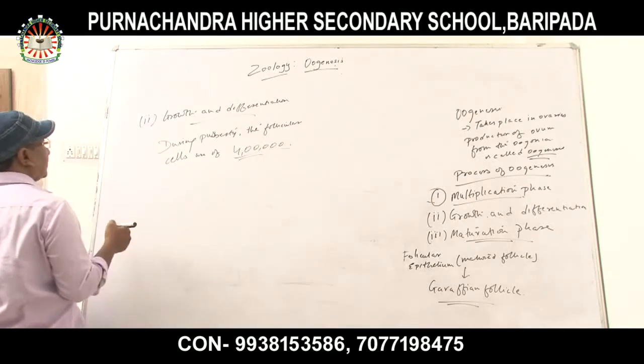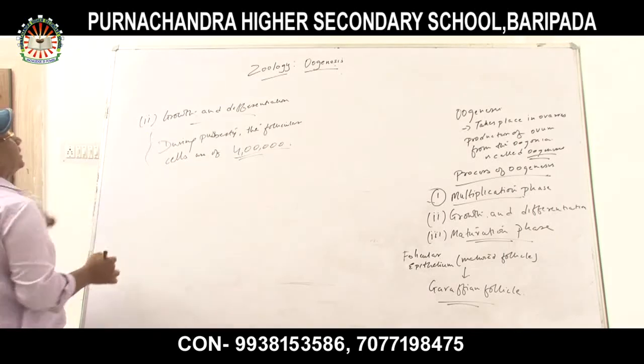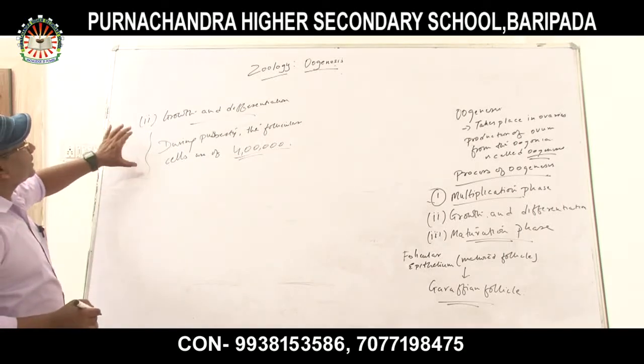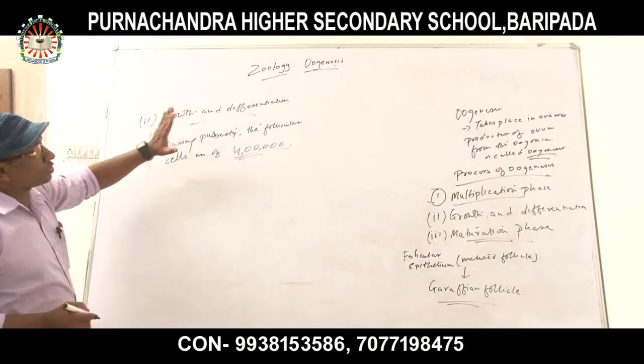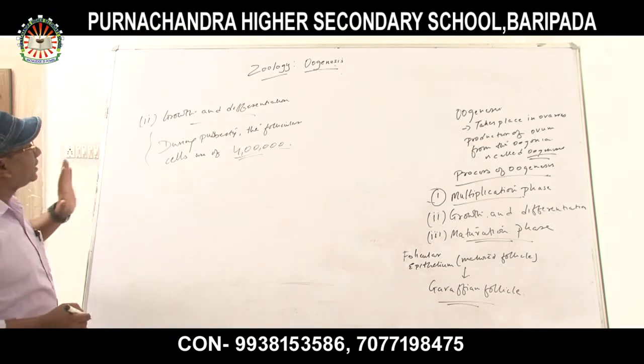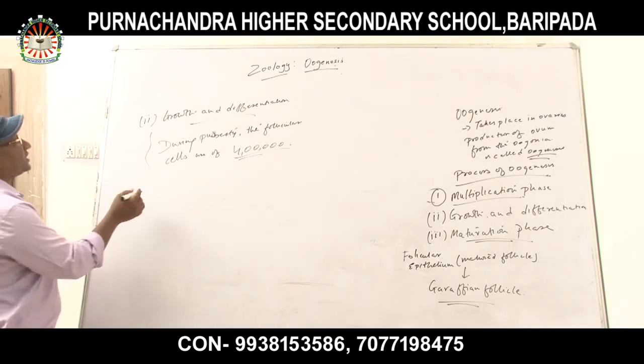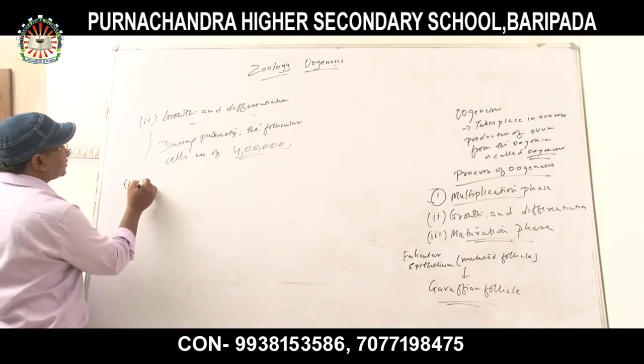Okay, clear? When the girl attains puberty, development takes place in them. That is growth and differentiation. After growth and differentiation, which phase is coming? That is called the maturation phase.